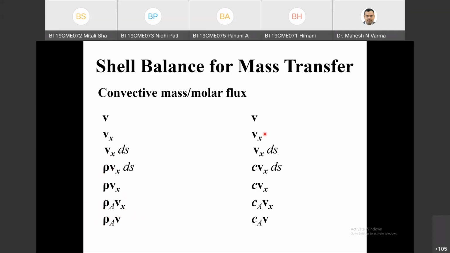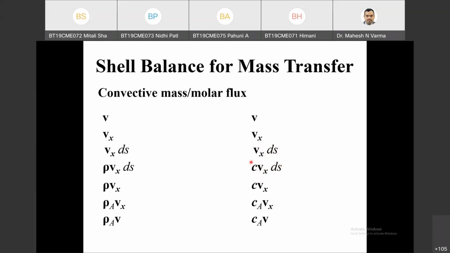Similarly, we can consider it in terms of molar concentration. So this is the velocity in x direction. Say dS is the perpendicular surface area in x direction. Velocity in x direction multiplied by perpendicular surface area gives me the volumetric flow rate. C is the total concentration, kilomole or mole per meter cube, and multiplied by meter cube per second, this will give me a molar flow rate.